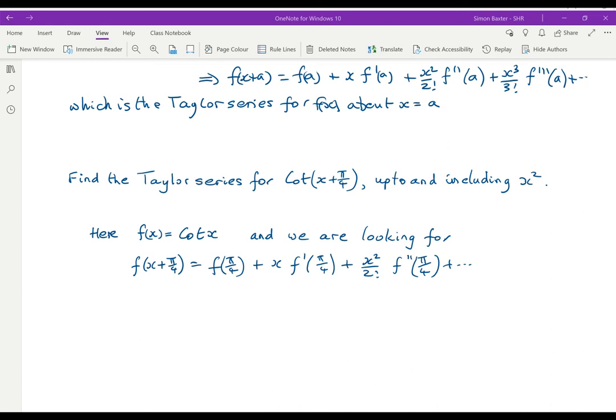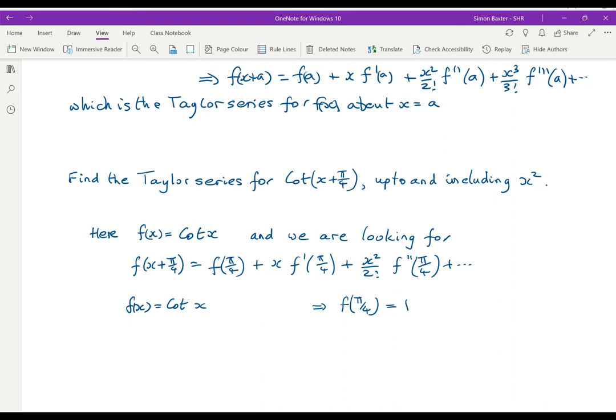So we're starting with f(x) equals cot x. I know that I want f(pi/4). tan(pi/4) is 1, so cot(pi/4) is 1.